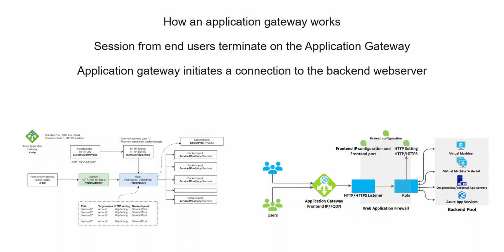These are some of the components that are configured in the application gateway: the listener, the rules, the front-end IP, and the front-end ports.